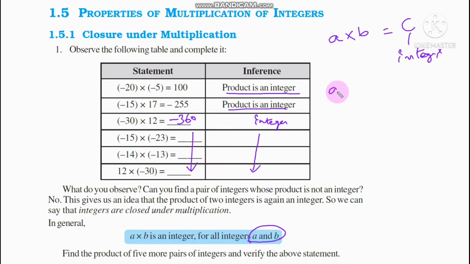Now if we take a, b as two integers, then the product a into b is also an integer. So a is an integer, b is an integer, then the resultant product a into b is also an integer, then it is said to be closure under multiplication. So this statement states that integers satisfy closure property under multiplication.